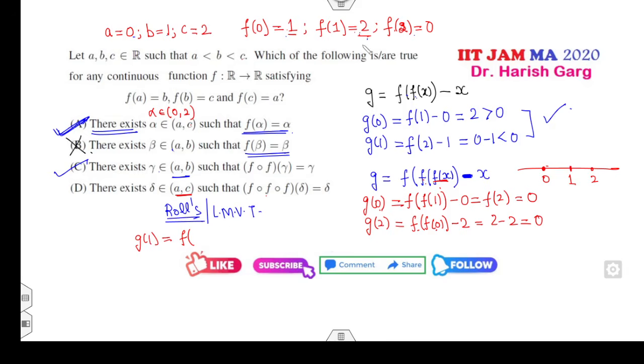That number is f of 2. f of 2 is 0 minus 1. f of 0 is 1 minus 1, 0. Yes, there exists the average. There is a 1 in between them. So D is also the right answer. A, C and D are my correct answers.